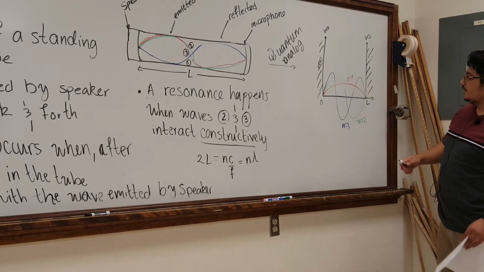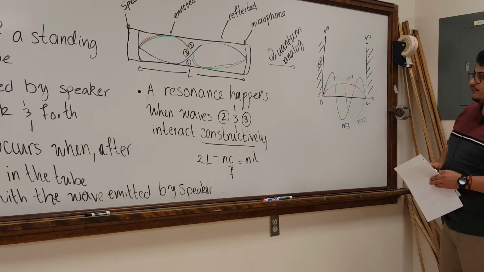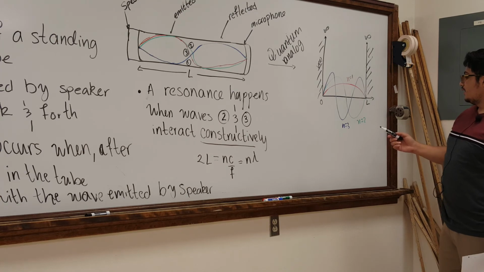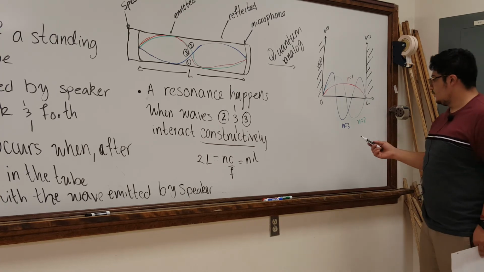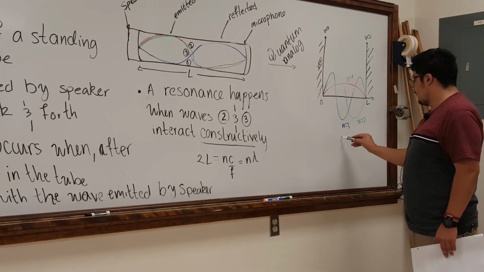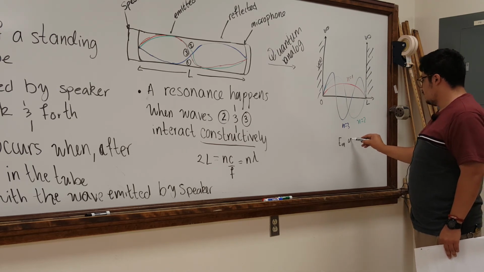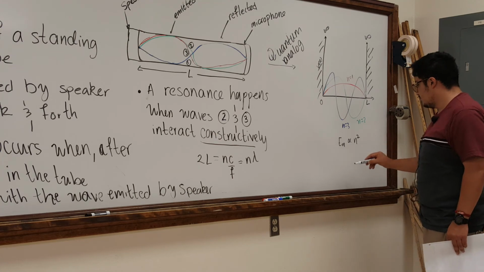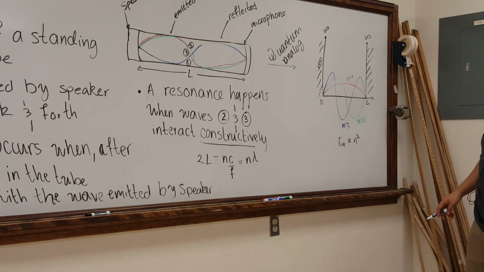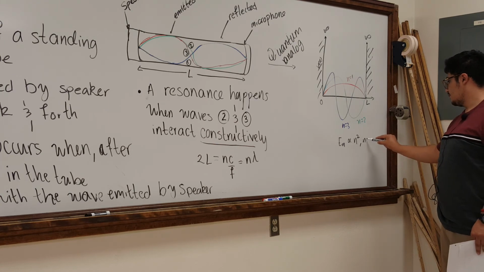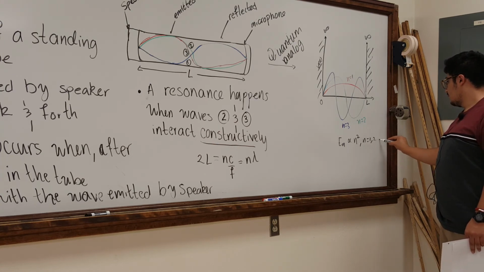Because they are quantized, they don't just have any energy, they have specific values of energy. If you were to write the equation for that, I can put all the constants, but the important thing is the energy is proportional to n squared, where n goes from 1 to infinity.